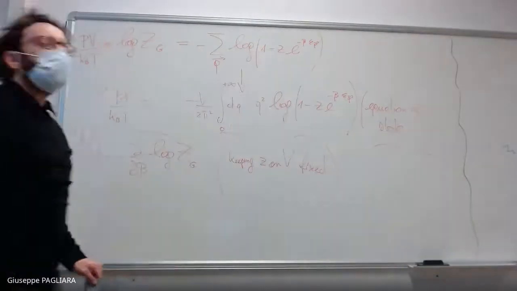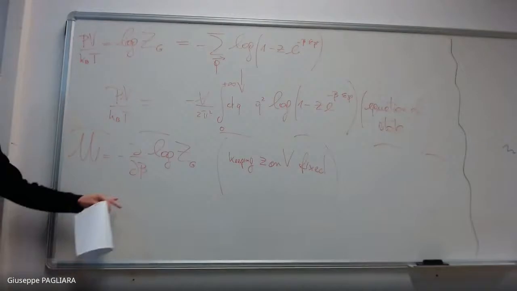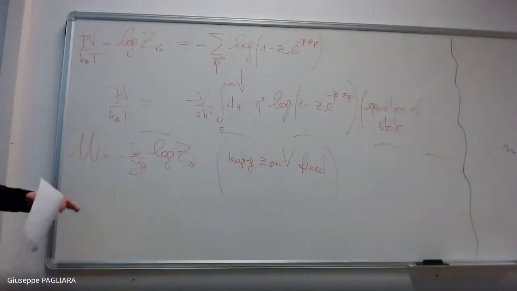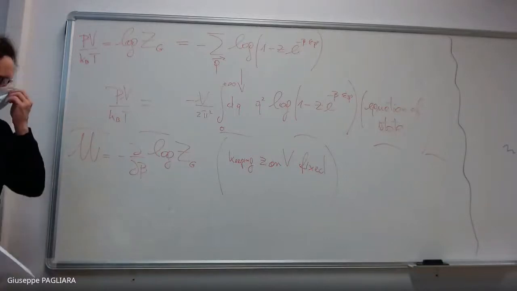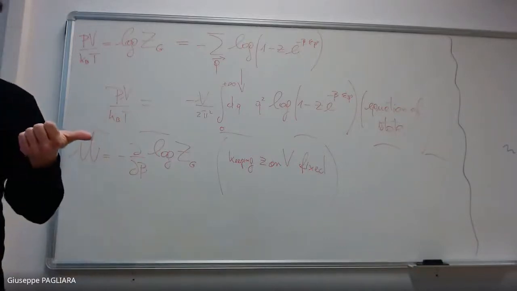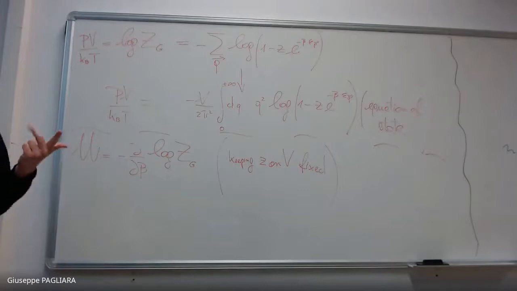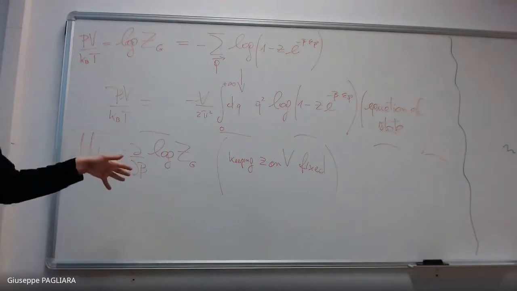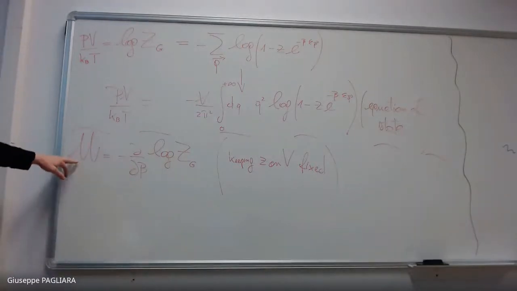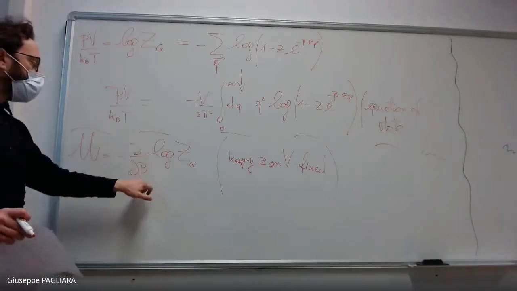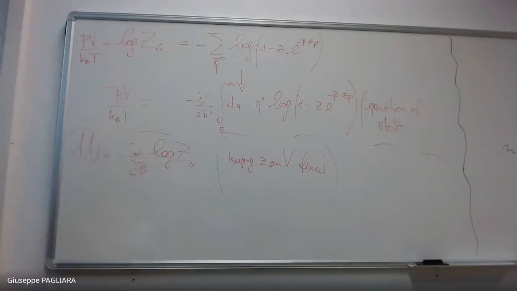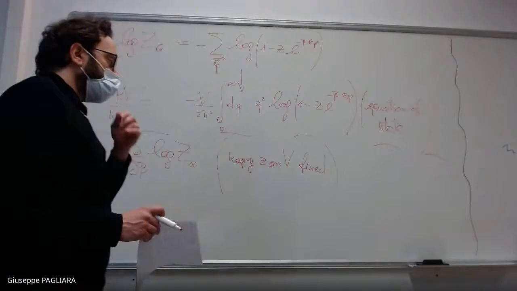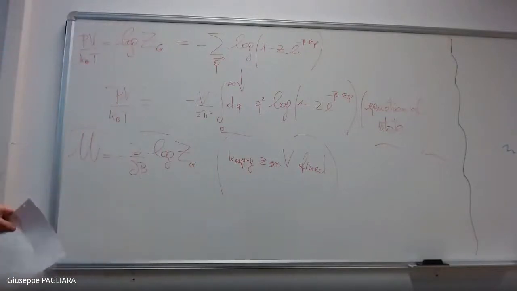Okay, it's a little bit tricky, but one can show that in the grand canonical ensemble the independent variables are the fugacity, the temperature, and the volume. Similarly to the canonical ensemble, I can derive the internal energy by doing a derivative with respect to beta of the log of Z_G, by fixing z and V.